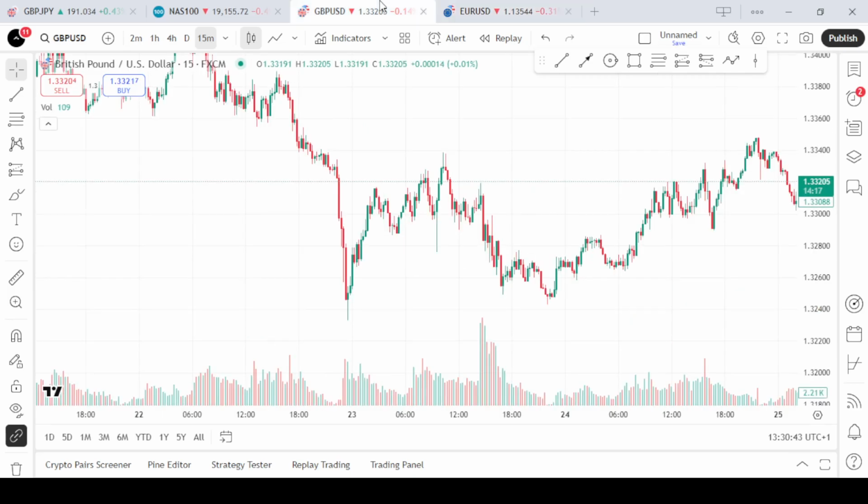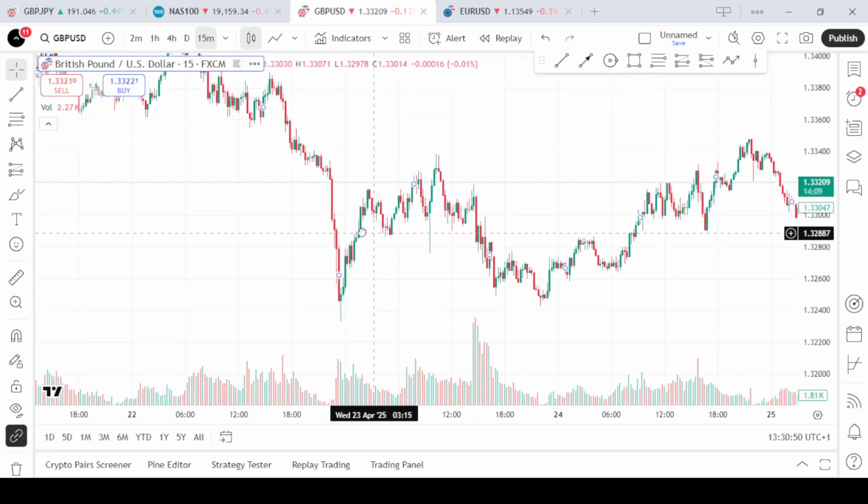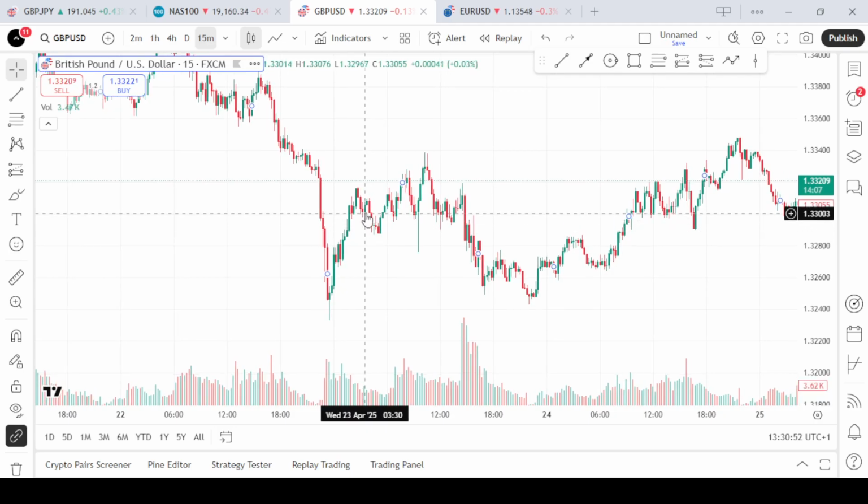Now, whipsaw patterns are most common during periods of high market volatility, such as major news event releases and economic data announcements, and they can occur when trading volume is low, making it easier for price to push quickly in either direction.